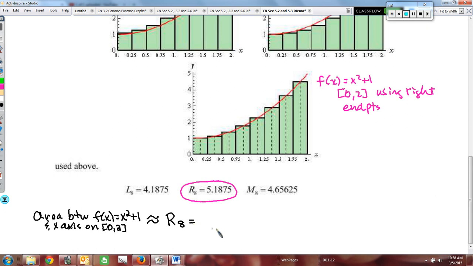R8 is going to be the sum, i equals 1 to 8. We're doing 8 rectangles. I need my delta x. Delta x would be 2 minus 0 over 8, or 1/4.